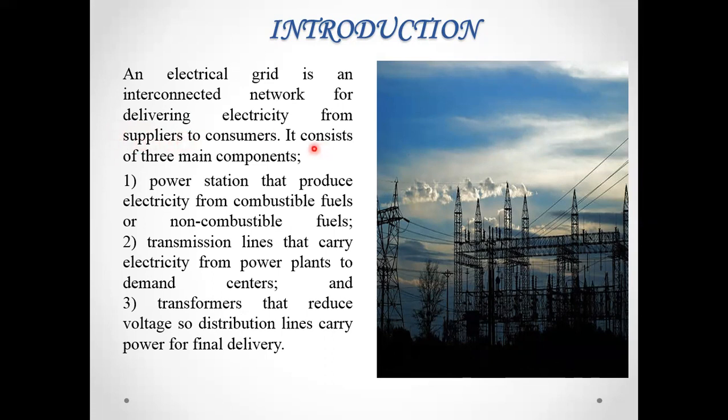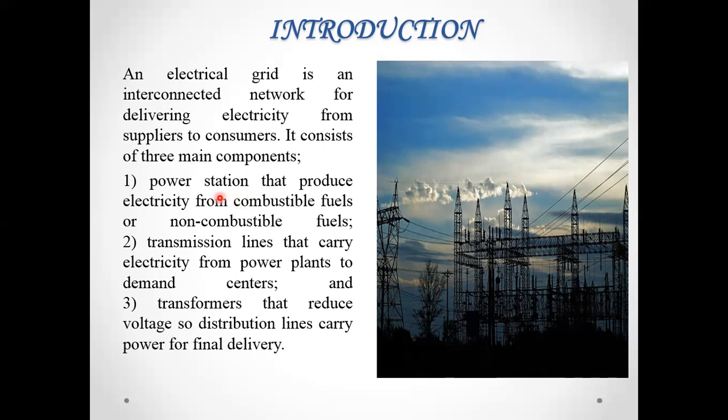Mainly the grid consists of three main components. First, the power station that produces electricity from combustible fuels. We have already studied in units 1 to 5 how the power is generated, through the thermal power plant, the diesel power plant, the nuclear power plant.